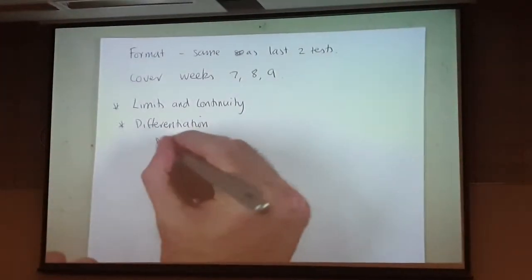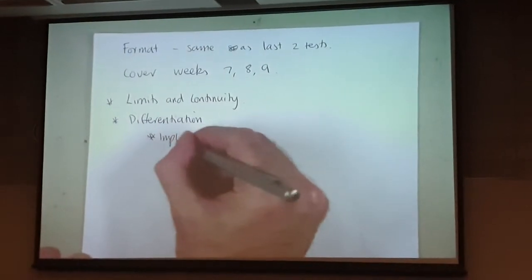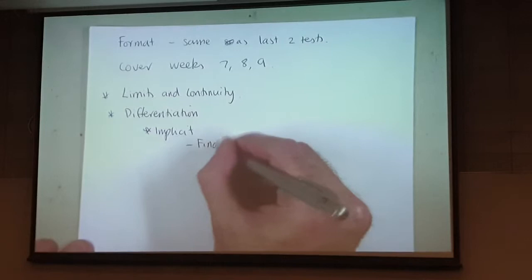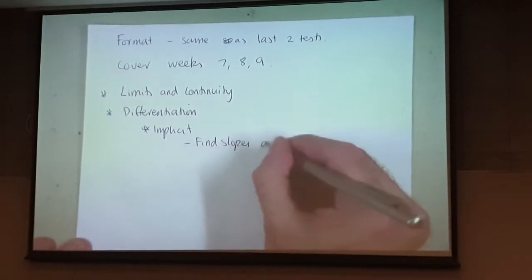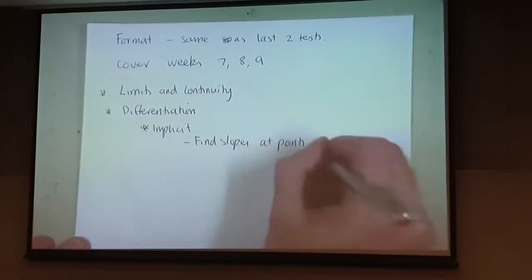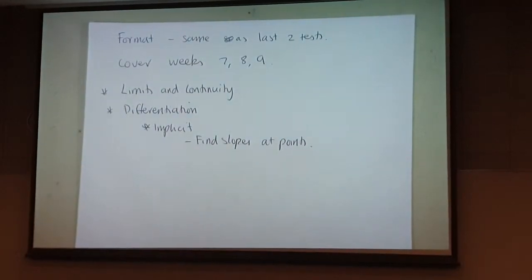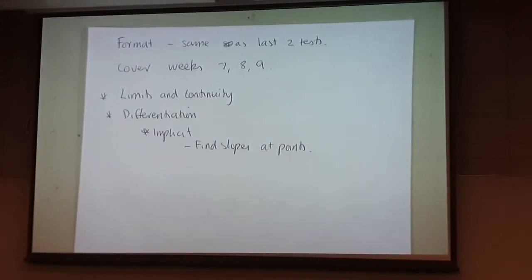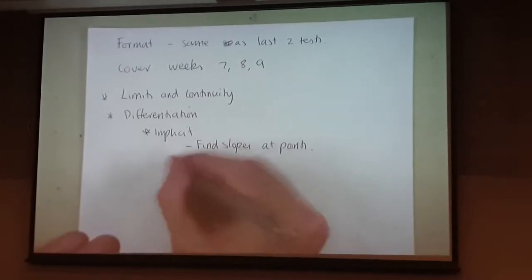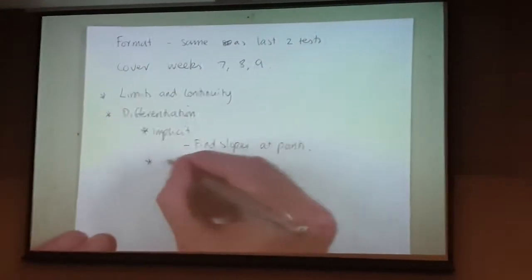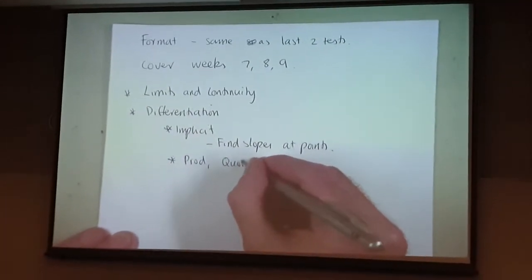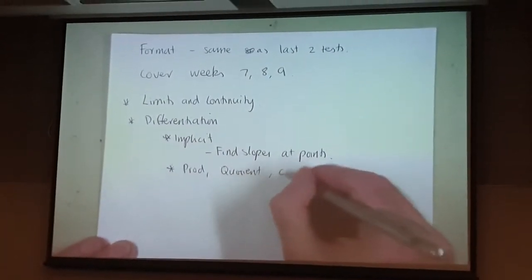Okay, so that includes implicit differentiation, how to find slopes at points. So how to find an implicit derivative and how to use it to find slopes at a particular point. So product rule, quotient rule, chain rule.